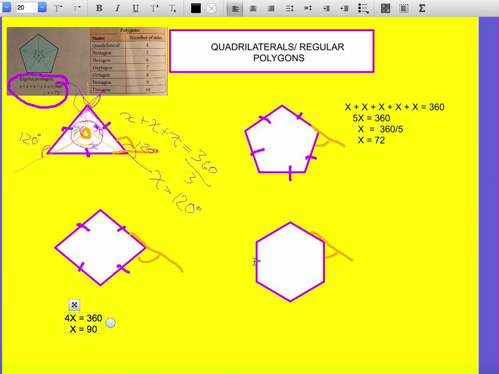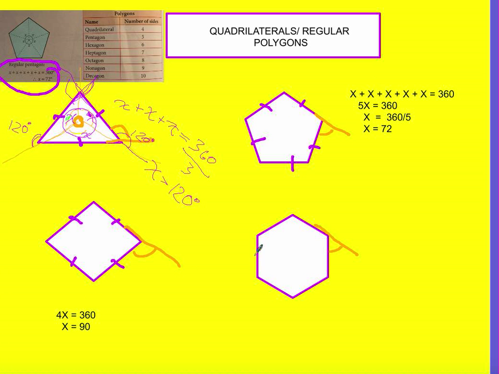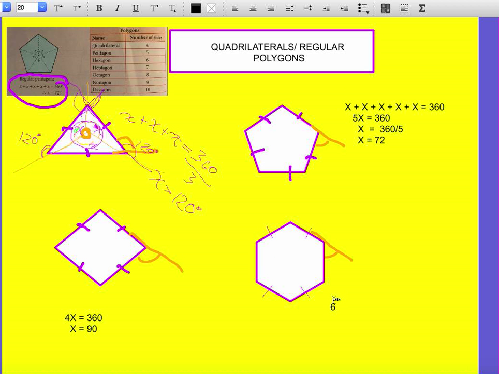Here we have 1, 2, 3, 4, 5, 6 sides. It's very simple here. 6x equals 360, x equals 60 degrees. I hope that makes sense to you.